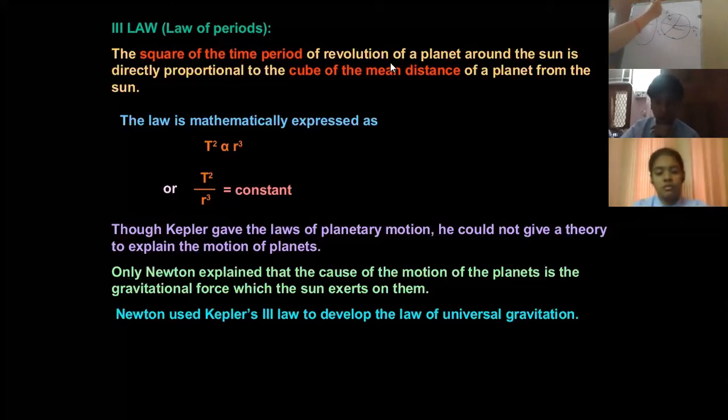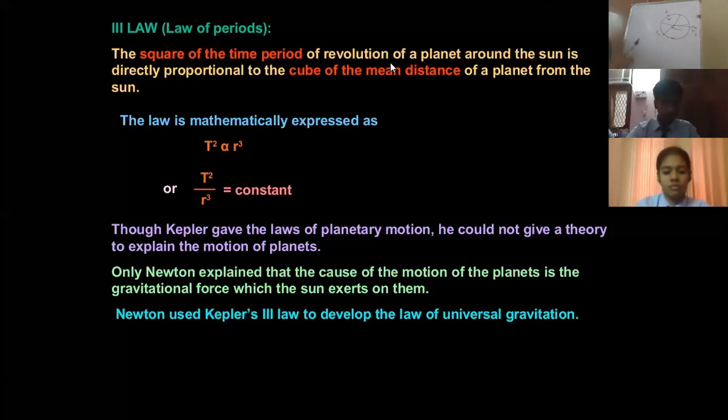If the distance between the sun and planet is very small, the gravitational force will be more and the speed will be more. But as the distance increases, the gravitational force will decrease, and because of that the speed of the planet will be less. But here nothing as such happens. Why? Because it is moving in a perfect circle.